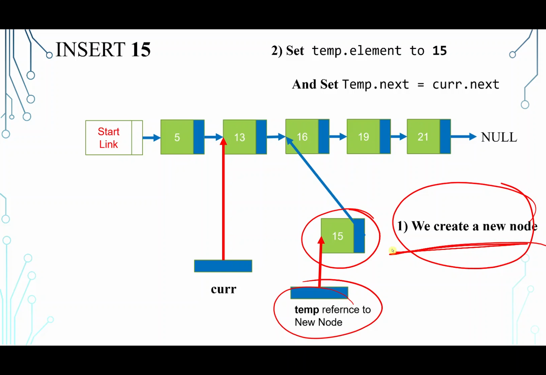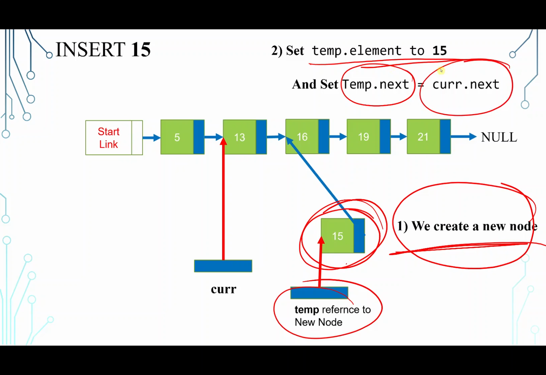Two, we would set temp.element to 15, setting that value inside. Now set temp.next to current.next. So now this node is actually pointing at the node that contains the value 16.